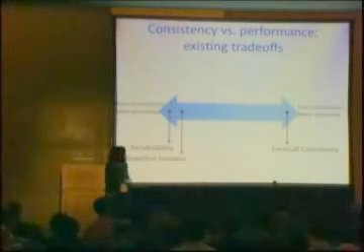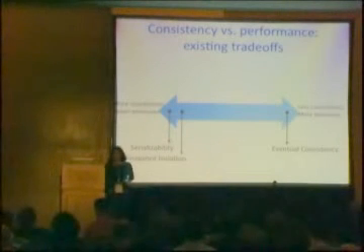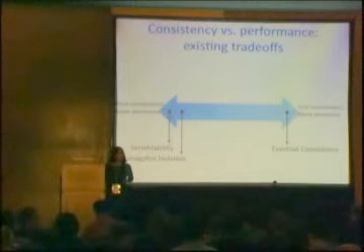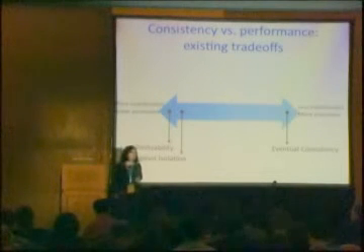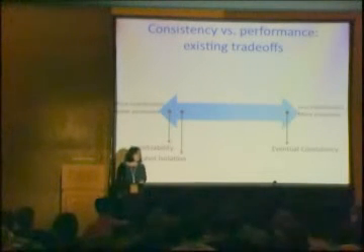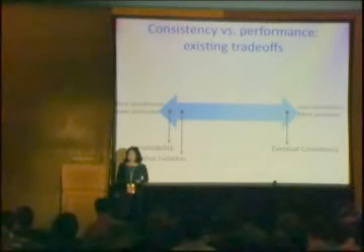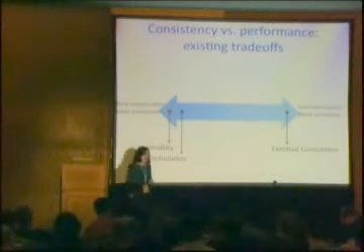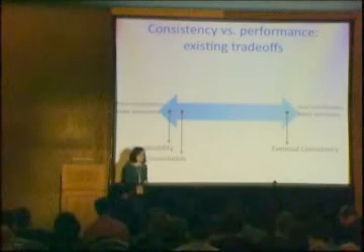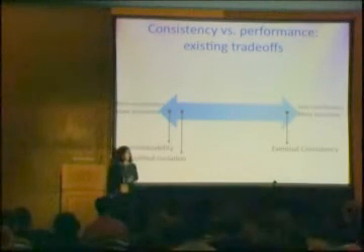But in both of these semantics, a transaction is required to acquire locks with remote sites before it can commit. So it's not good for latency. So you might ask, can we find something in the middle? Are there any existing weak semantics that can allow us better performance?